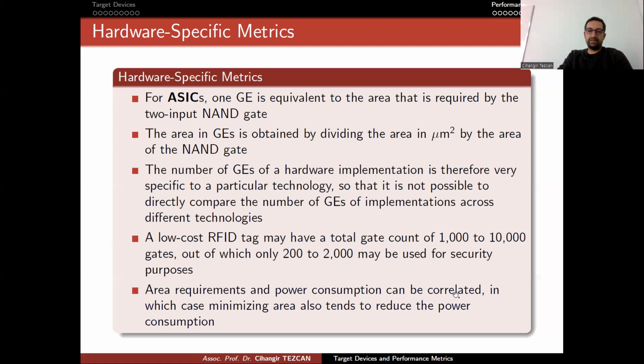But more importantly, I tried to explain this. Area requirements and power consumption can be correlated, in which case minimizing area also tends to reduce the power consumption. So this is a physical property. This is why I gave an example from the GPUs. Currently we have GPUs with 10,000 cores, and they consume around 300 watts.